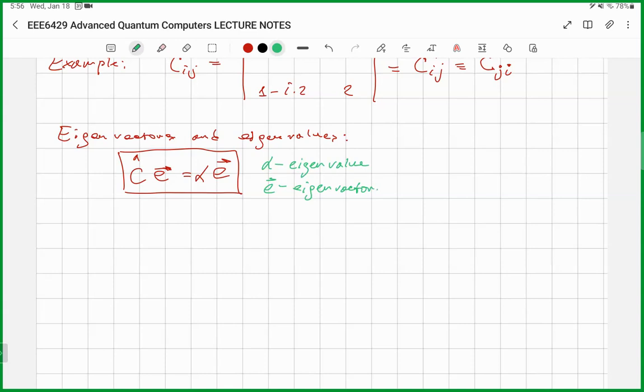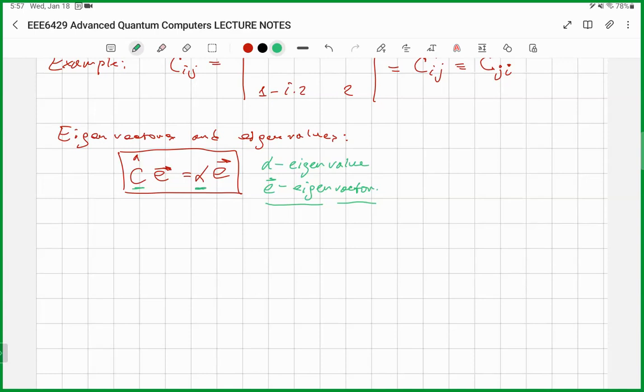What does it mean? It means that for a particular matrix C in my linear space, I can find a vector E, called an eigenvector, that is changed by operator C in a simple way: the result of the action of the operator C on this vector is equal to just multiplication of this vector by the value alpha.